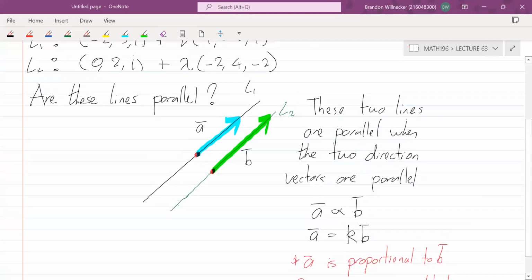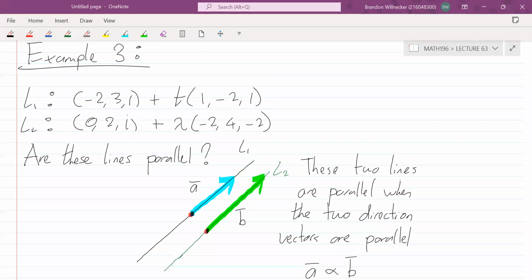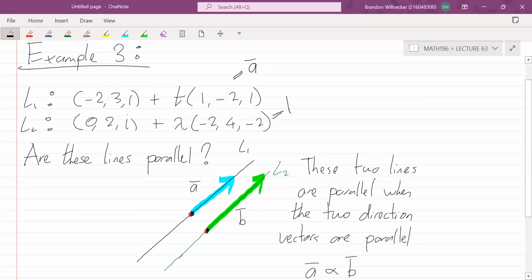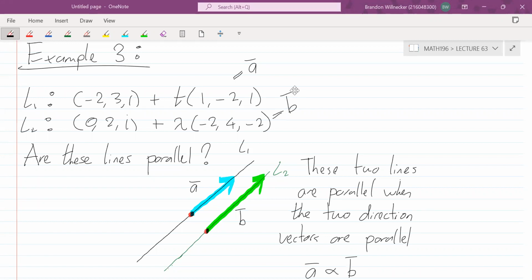So let's look at this example here. We've got our two direction vectors, A and B. A is for the first one, so that's going to be our A directional vector. And then we've got this lambda, this other vector, so that's going to be our B directional vector. Let's see if they are proportional to each other.